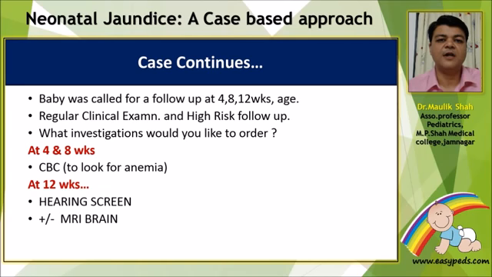Well, at 4 and 8 weeks of age, we would like to look at complete blood count to look for the anemia due to chronic hemolysis of an ongoing cause. At 12 weeks of age, we went for a hearing screening, and an MRI can also be asked for in this baby at 12 weeks to know the brain damage which could occur secondary to the bilirubin toxicity.